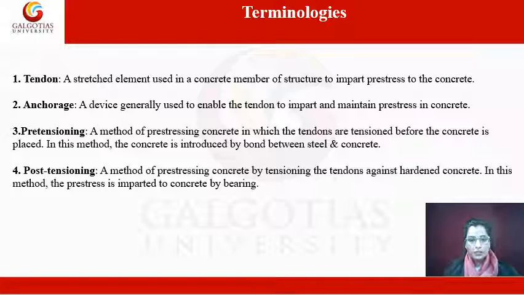So basically, the major difference is that in the pre-tensioning method, we apply the tension in the steel bar before placing the concrete in the member, and in post-tensioning, we apply the tension in the bars after placing and after hardening the concrete. So these are the major differences between pre-tensioning and post-tensioning.